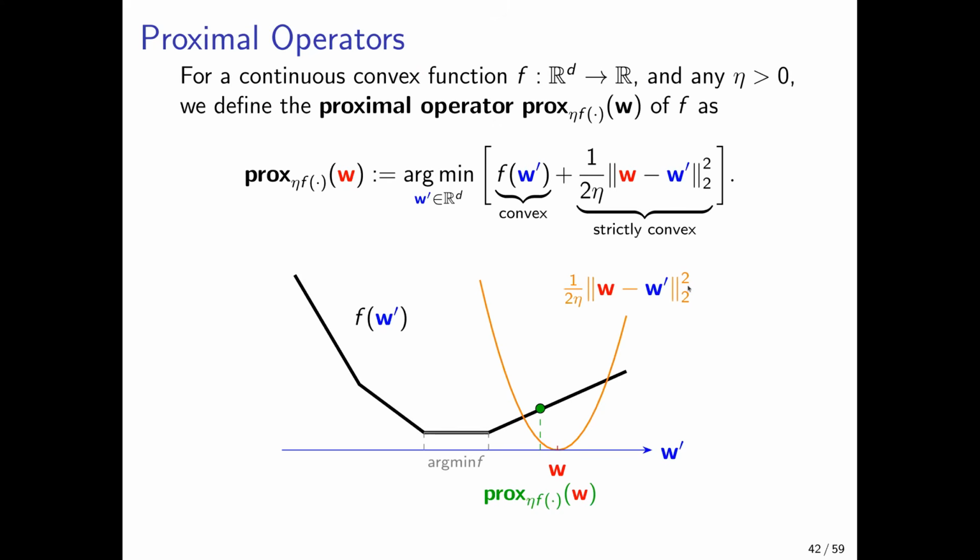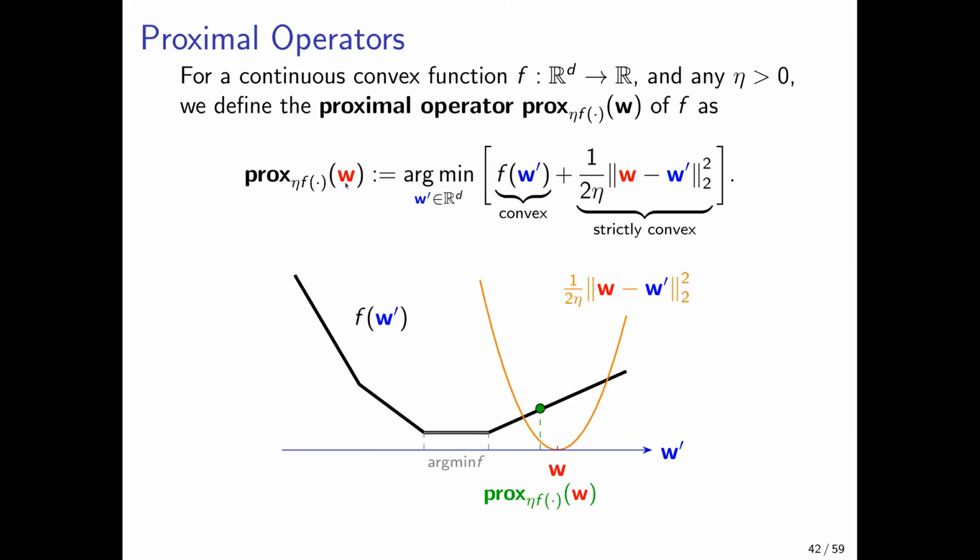For proximal operators, we drop the smoothness assumption. Here we will just assume f to be a continuous convex function. And furthermore, we assume some positive eta. Then for this scaled version of f, scaled by eta, we define the proximal operator in the following way.